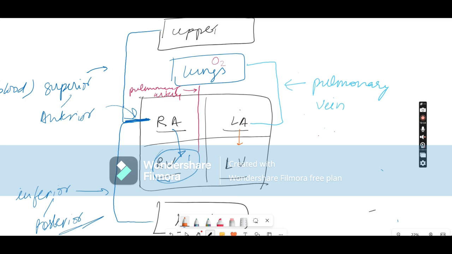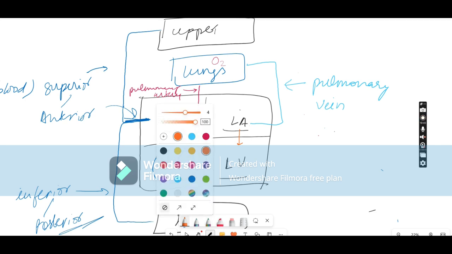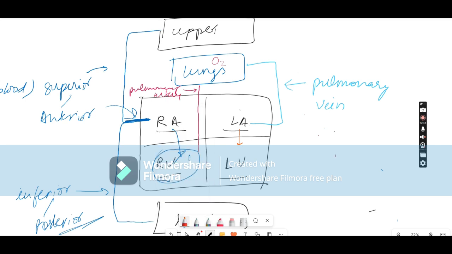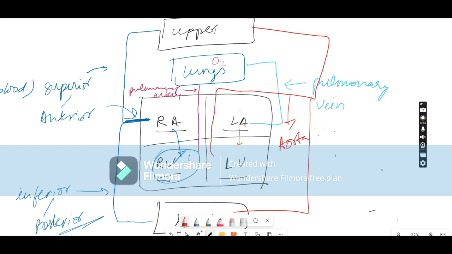The heart also has to supply the oxygenated blood throughout the body. So we have the aorta which does this work. The aorta arises from the left ventricle and supplies blood to the upper part of the body and the lower part of the body. So this is the aorta.